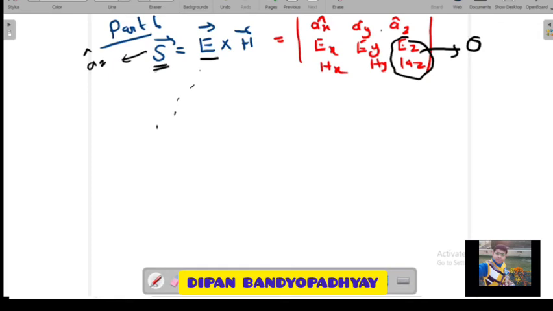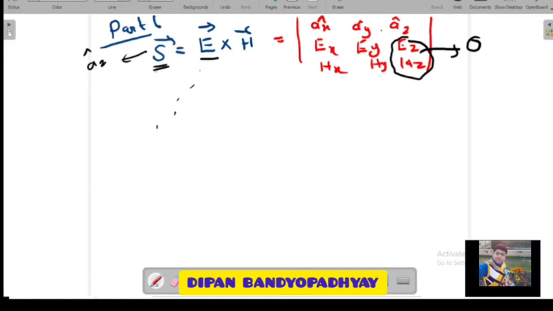They have to be perpendicular to each other. That is why you are taking E cross H. And you know, when you take the cross product of two vectors, the resultant is always perpendicular to the individual vectors. So S has to be perpendicular to E and H, and E and H are also perpendicular to each other. So there are two things.